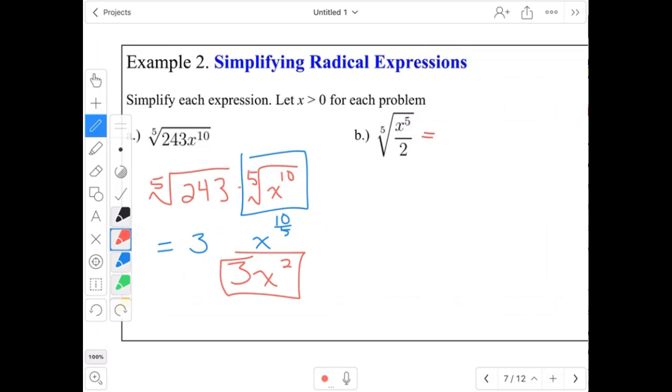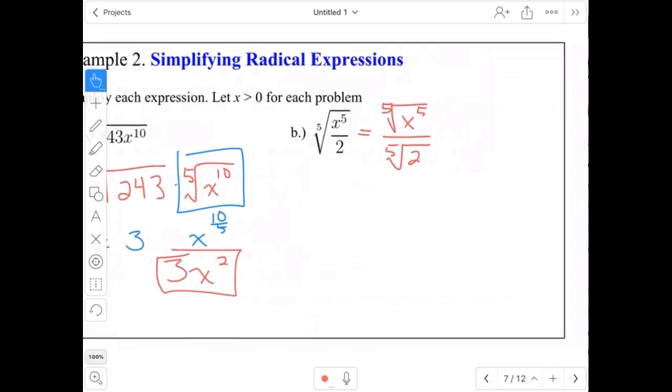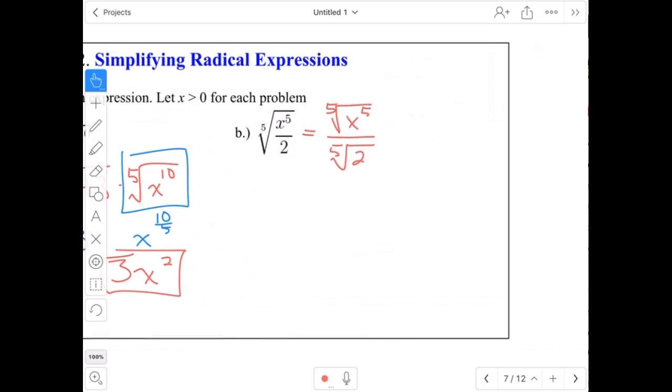So the top is not that difficult because we have the fifth root of x to the 5th. So those fifths will cancel each other out, so we're just dealing with an x on top. However, we have a fifth root of 2. Now here's the bizarre part.